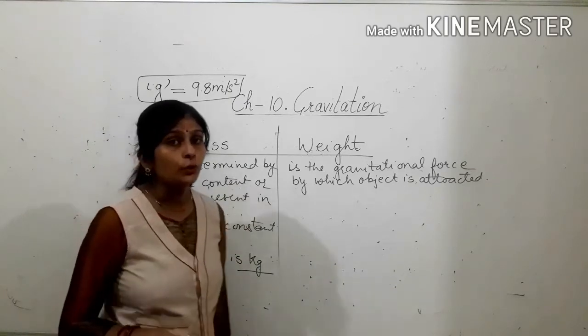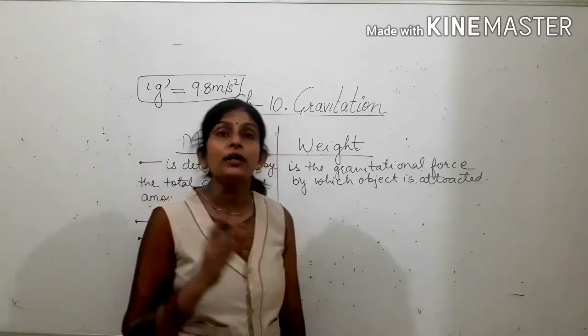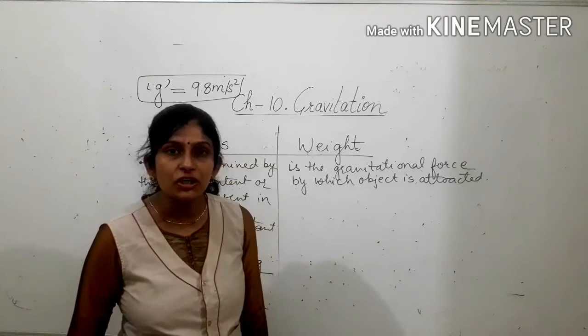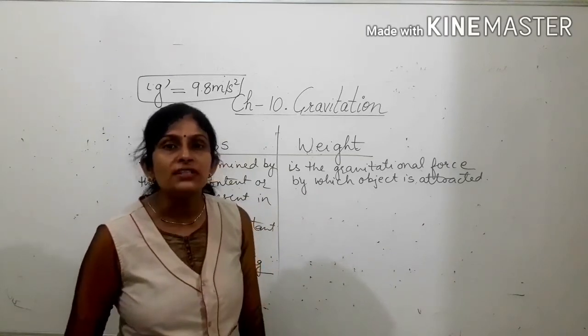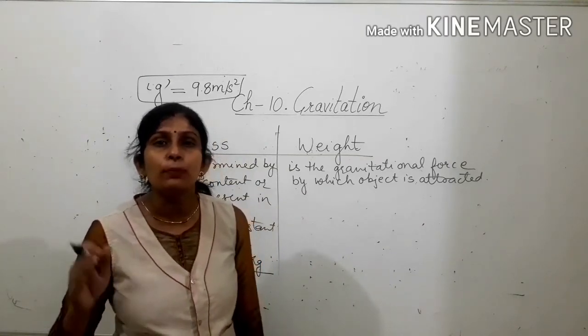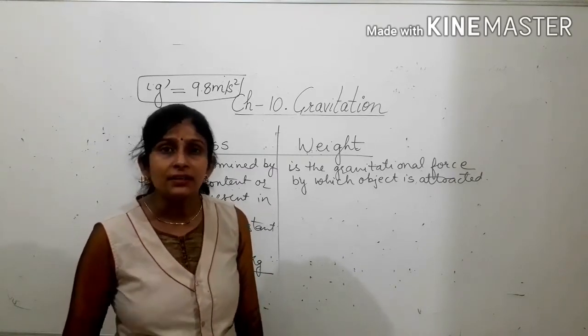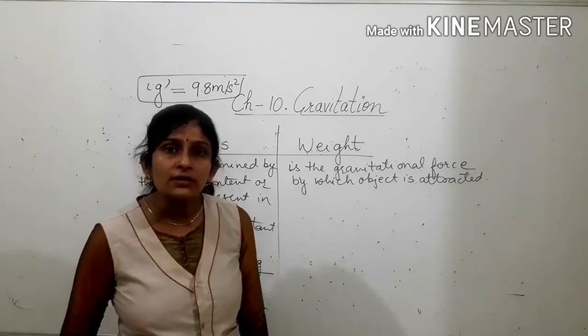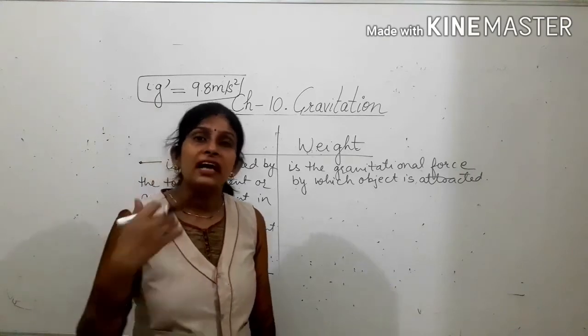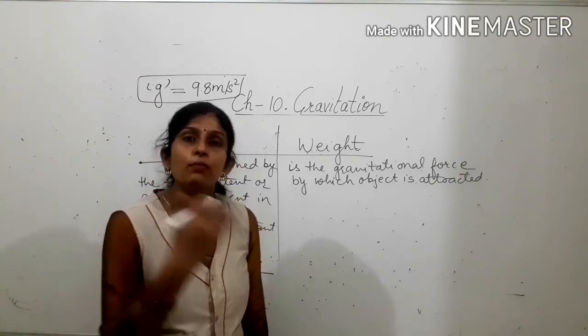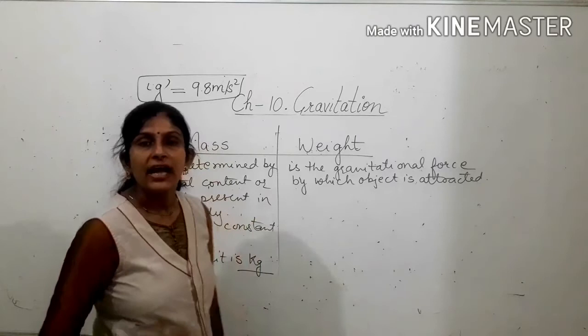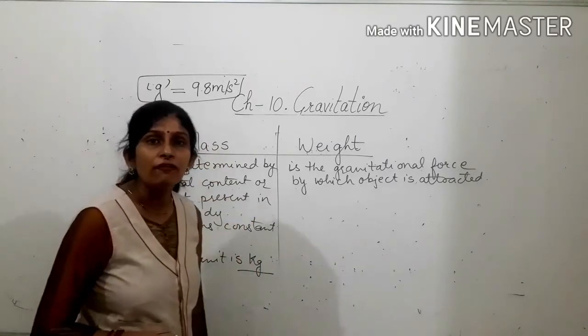Because I told you initially that according to the universal law of gravitation, gravitational force is directly proportional to the product of the masses of objects. So, earth having more mass, its gravitational force will be more on the object as compared to that of moon.